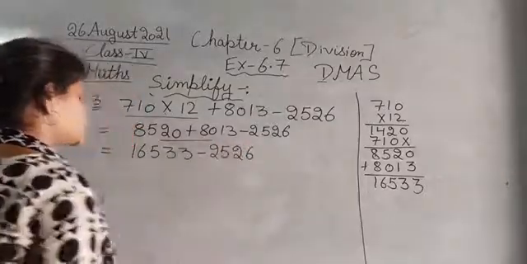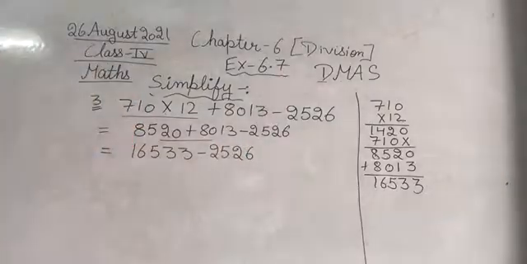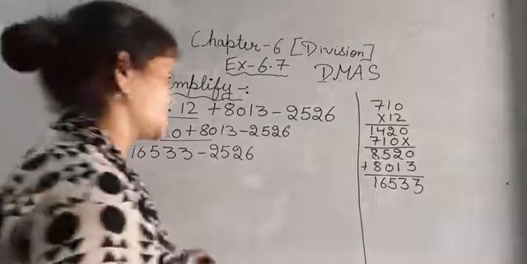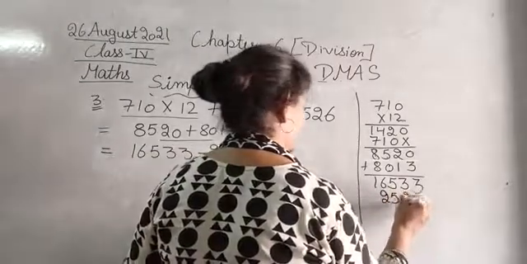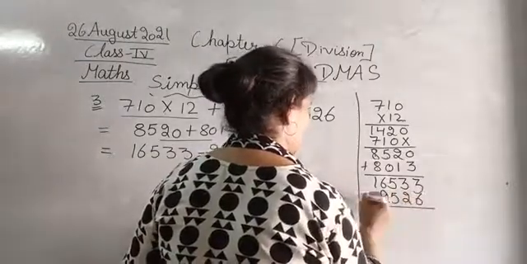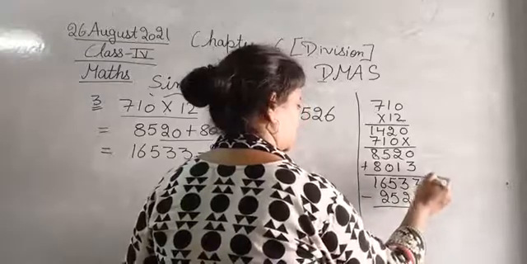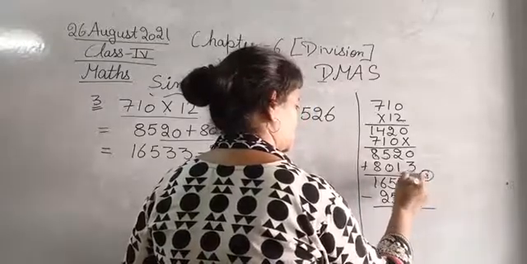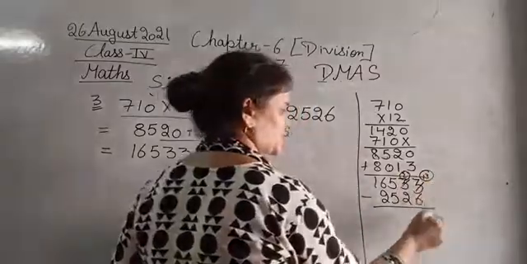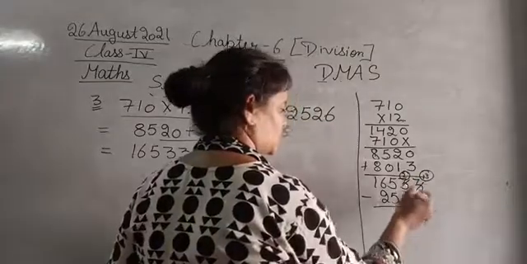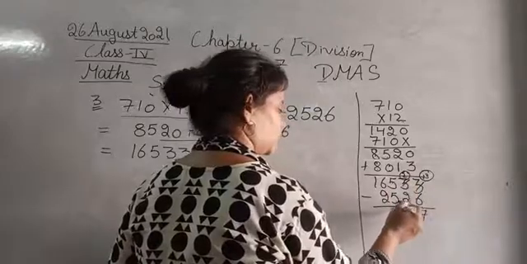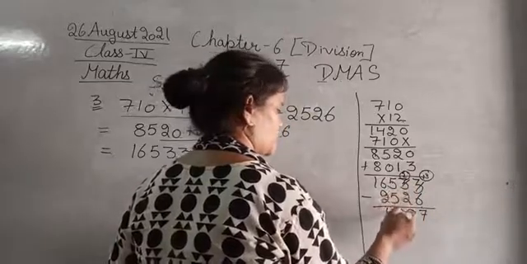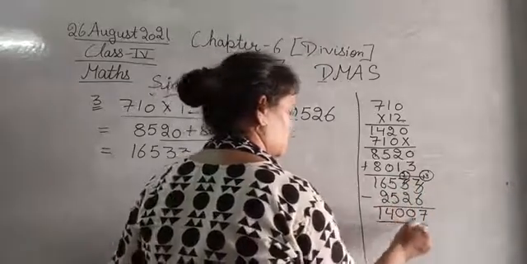So 16,533 minus 2,526. This is 13, this is 2. 13 minus 6, 7. 2 minus 2, 0. 5 minus 5, 0. 6 minus 2, 4, and this is 1.